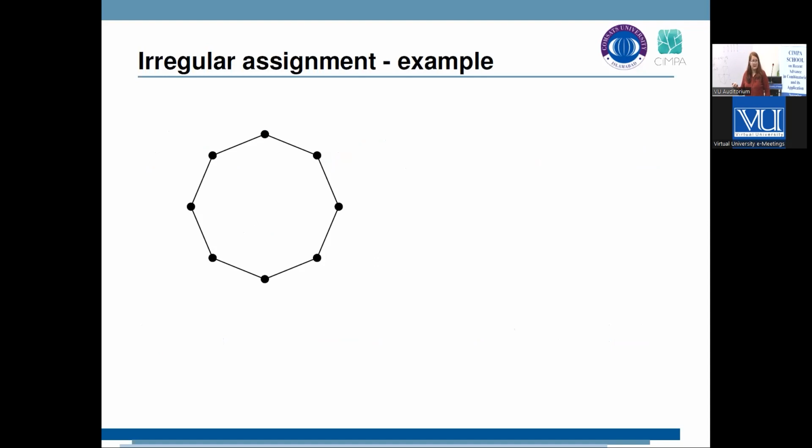Every vertex is incident to 2 edges, so 2 edges contribute to the vertex weight, and the smallest label that we can use is 1. So we assign number 1 to these edges, and we get weight 2. Then we need to get another weight. We cannot repeat weights, so the next possible weight is 3.